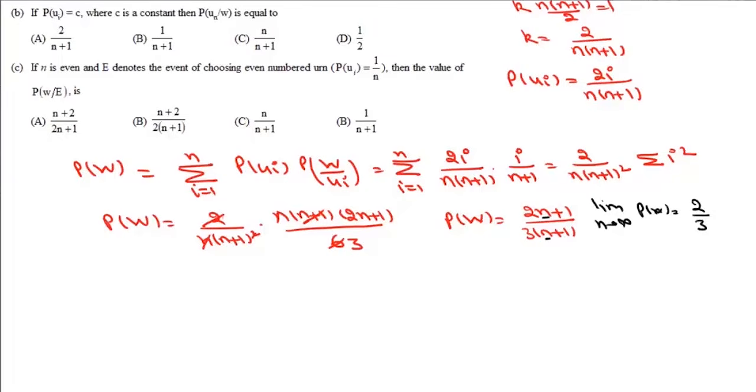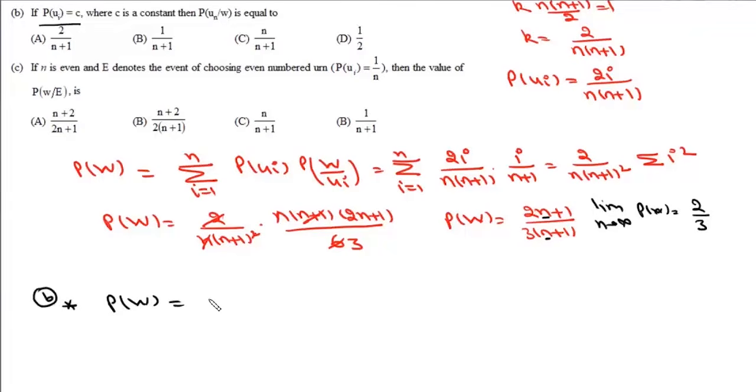Now the next one is, if P(Ui) is constant, then we need to find this using Bayes theorem. If it is a white ball, it has come from the nth urn. Now first we'll find the probability of getting a white ball in this second case.